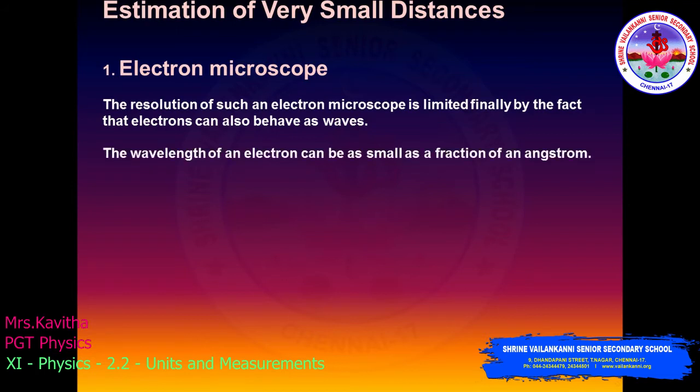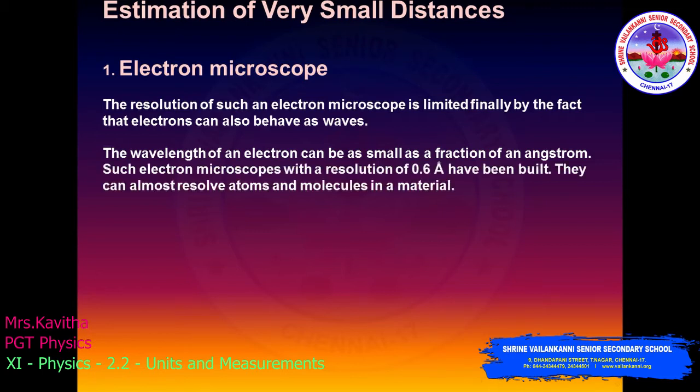The resolution of such an electron microscope is limited finally by the fact that electrons can also behave as waves. The wavelength of an electron can be as small as a fraction of an angstrom.